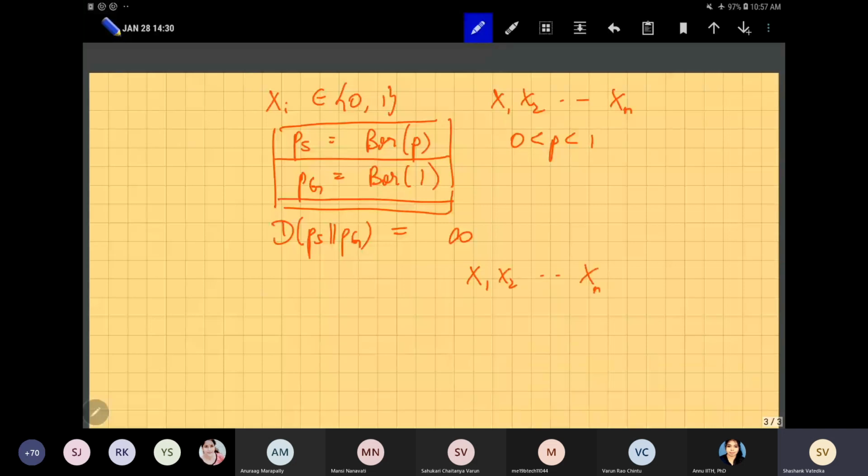You don't know whether it has come from the distribution PS or the distribution PG, and your goal is to say which distribution it came from. So if you wanted to distinguish between a Bernoulli P and a Bernoulli 1 sequence, what would your test be?